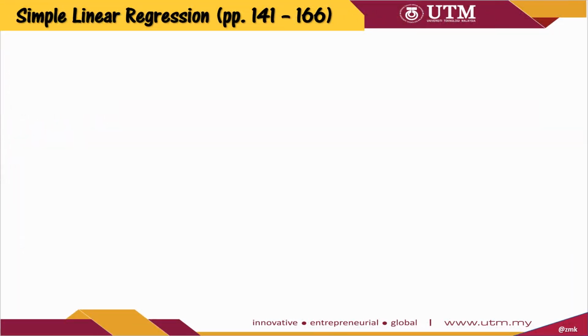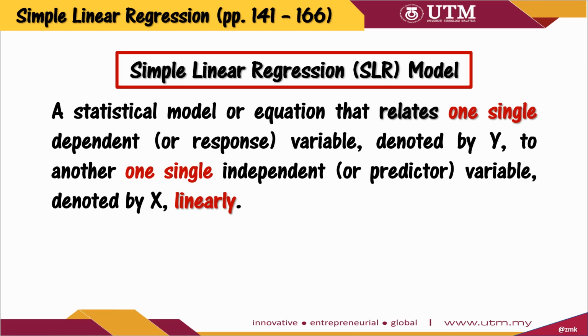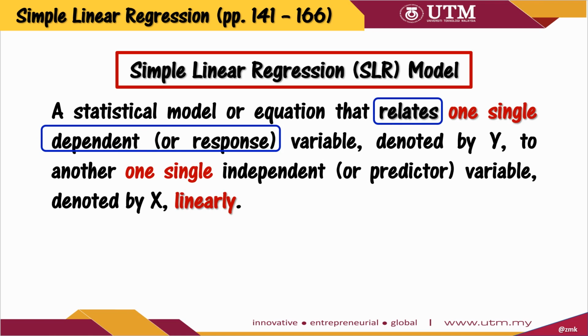You may refer to Statistics for Engineers textbook, pages 141 until 166, for detailed explanation on simple linear regression. Let's look again at what simple linear regression, or simply SLR, is. It is a statistical model or equation that relates one single dependent or response variable, denoted by Y, to another one single independent or predictor variable, denoted by X, linearly.